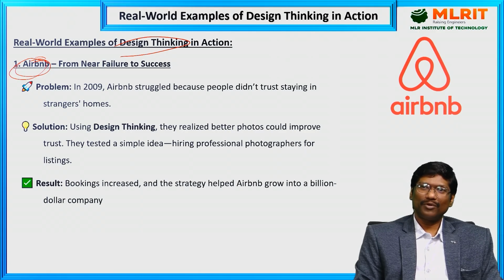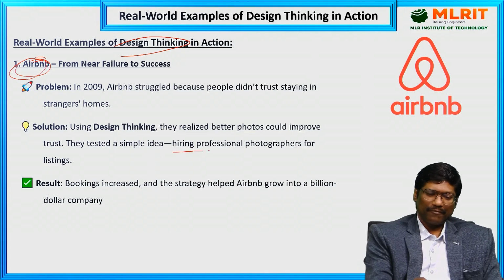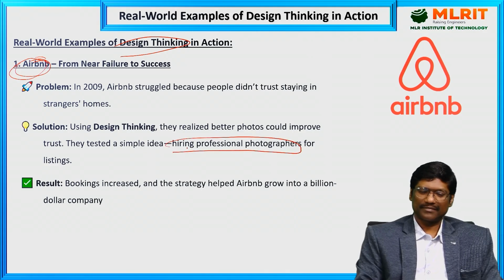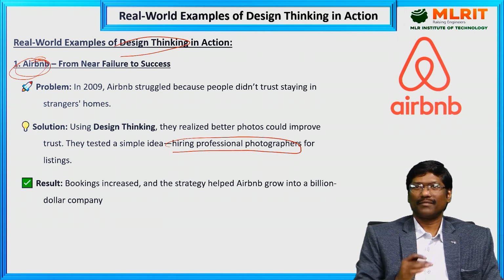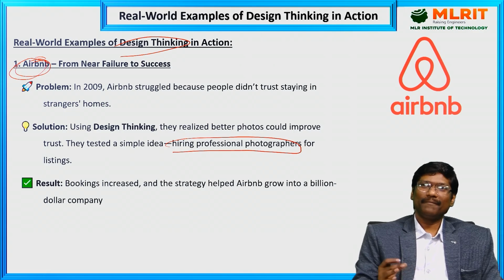So to build the trust, they came up with some solutions, right? They hired professional photographers for listing the properties in a better way and showing that ambience to potential customers, and building trust through reviews also.